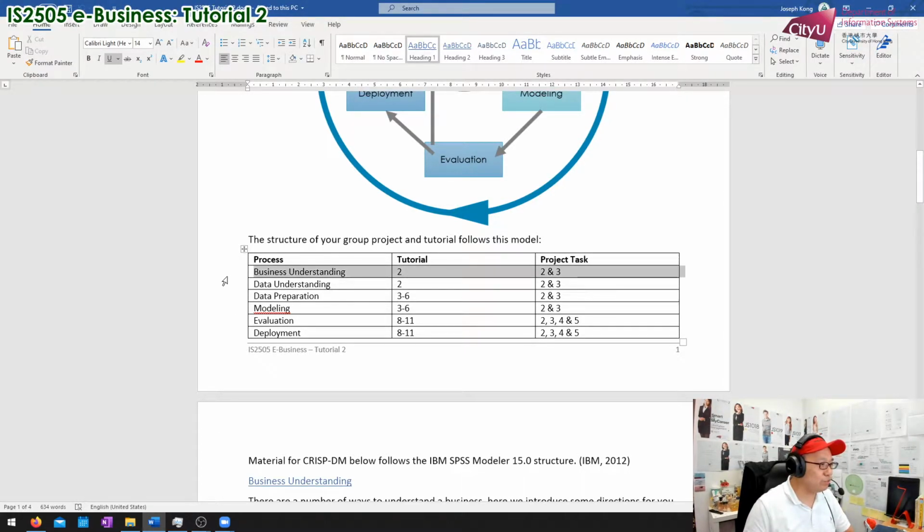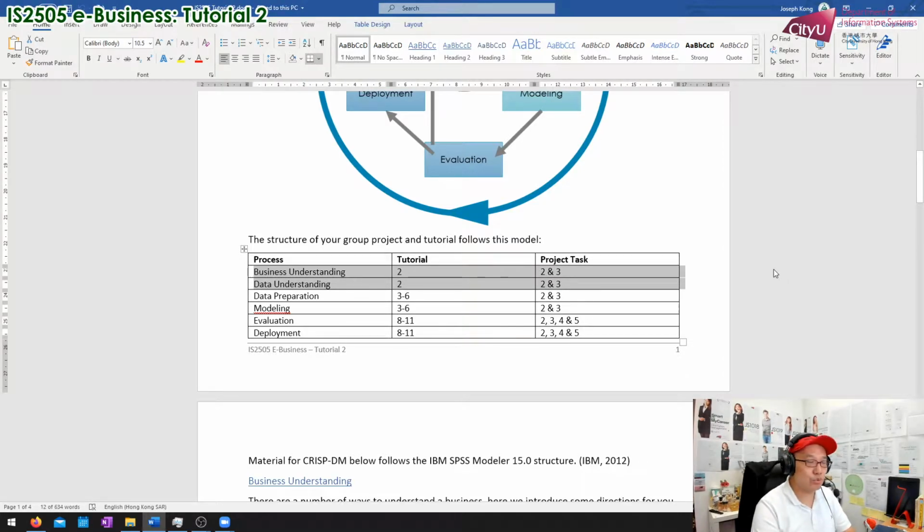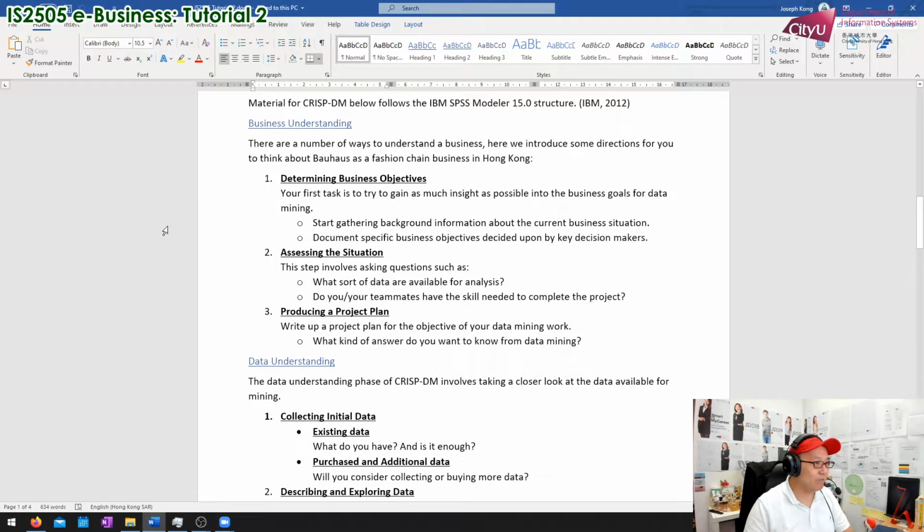The first 2 phases are what we are going to do today, and they are related to project tasks 2 and 3. The first step is business understanding, and the second step is data understanding. I will tell you what these 2 tasks are about.